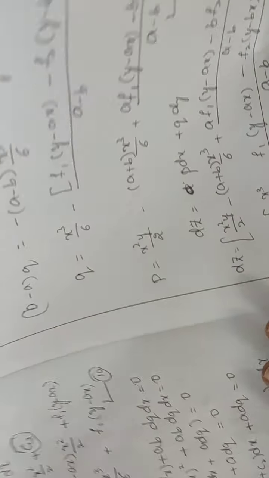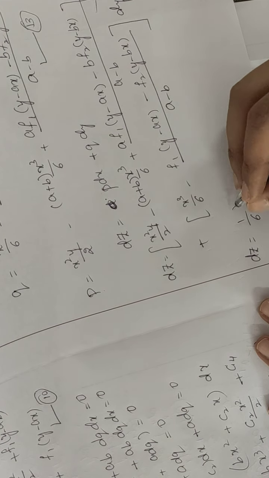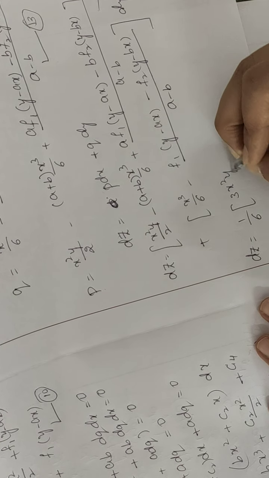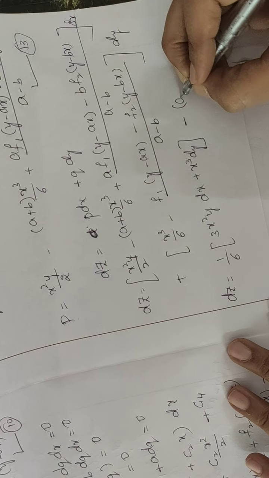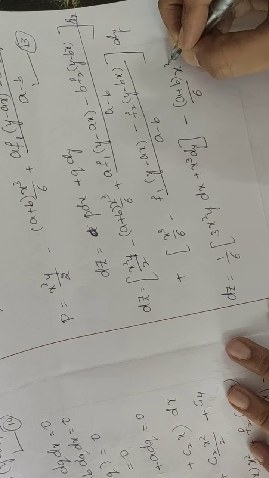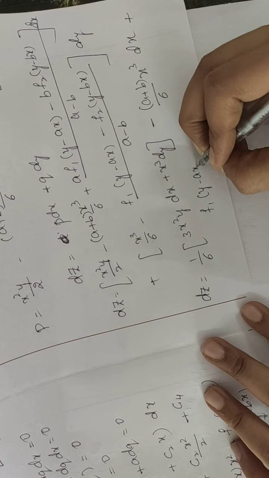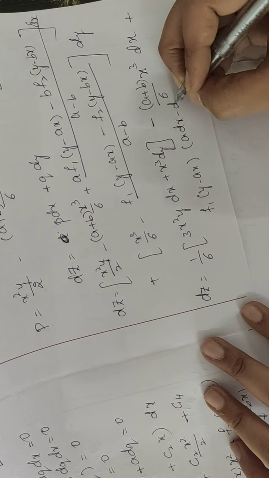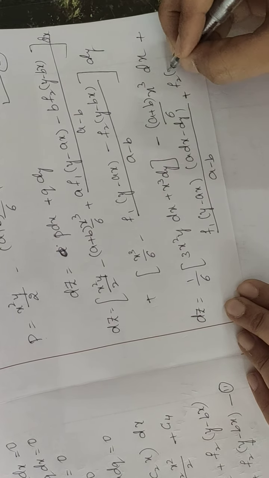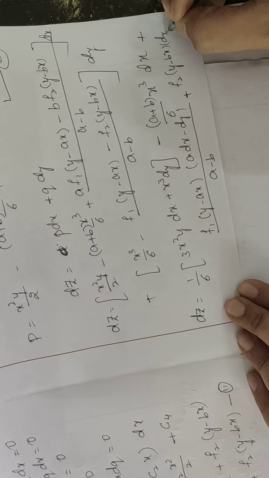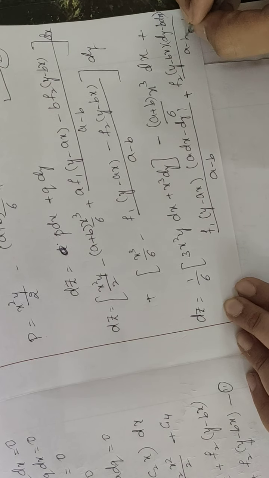So simplify this, you will get final dz as 1/6 into (3x²y dx + x³ dy) minus (a + b)/6 into x³ dx plus f1 of y − ax into (a dx − dy) divided by a − b plus f2 of y − bx into (dy − b dx) divided by a − b.